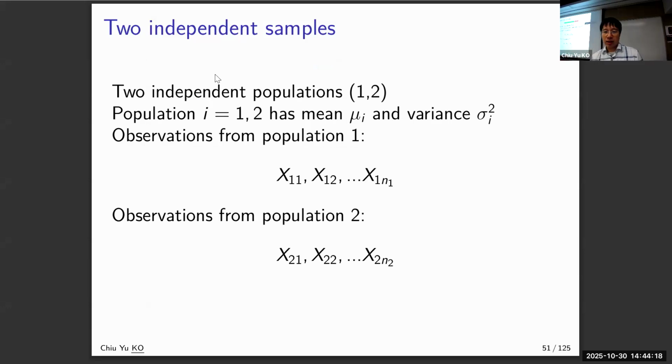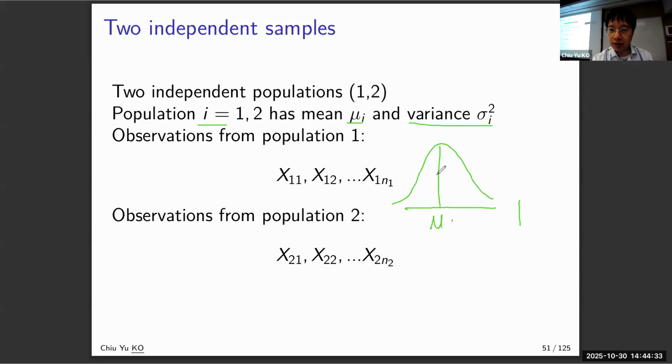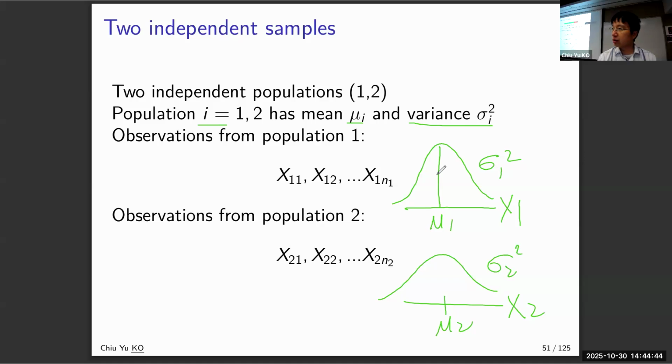One has mean mu1 and variance sigma1 squared, with observations x1, and the other has mean mu2 and variance sigma2 squared, with observations x2. So that is what it means.